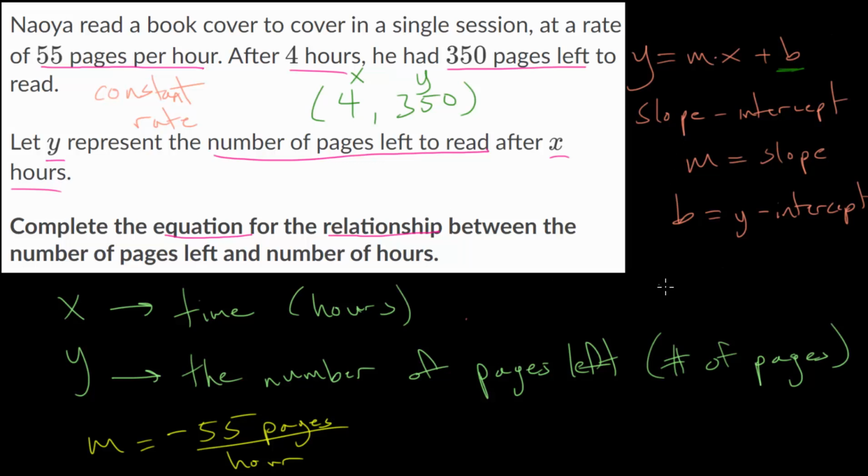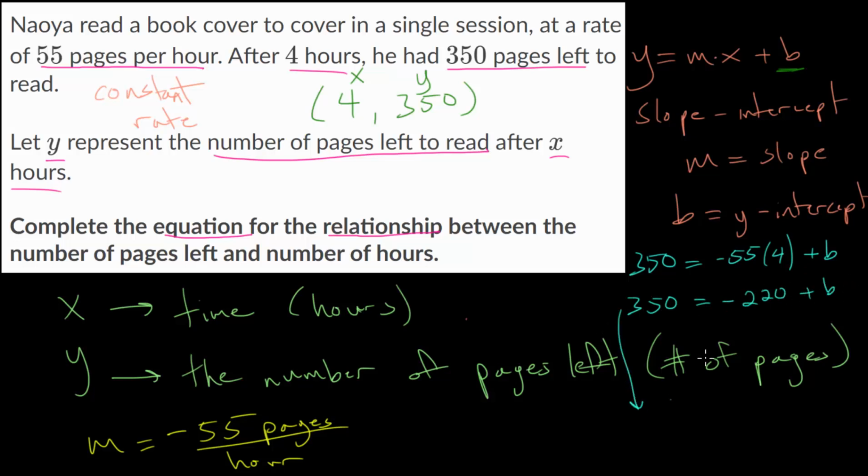Now, actually doing that, we know y is 350. We know m is minus 55. We know x is 4, and we are trying to find this y-intercept b. If we simplify this, minus 55 times 4, that is negative 220.